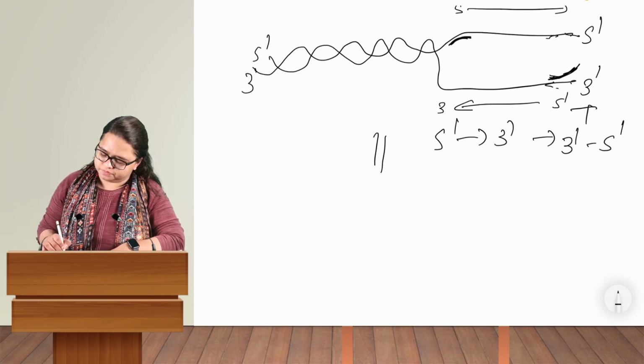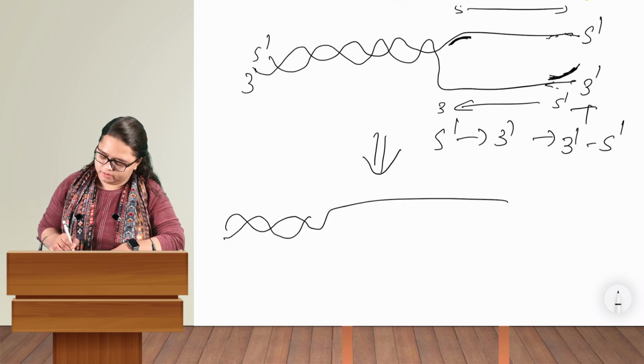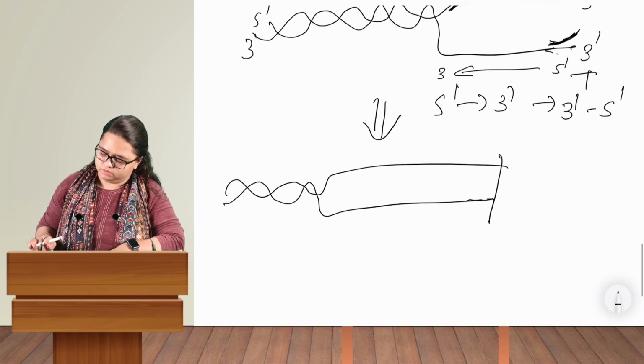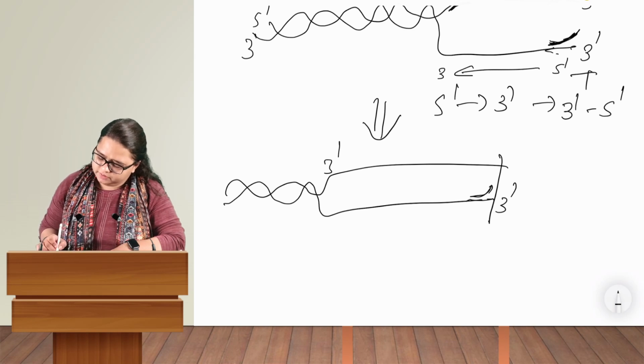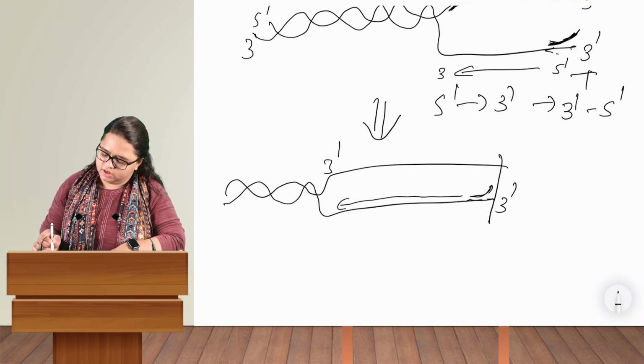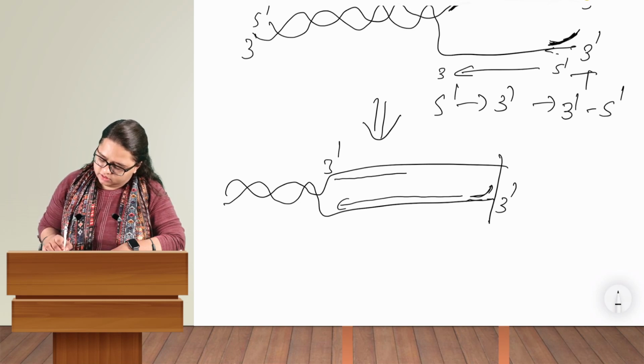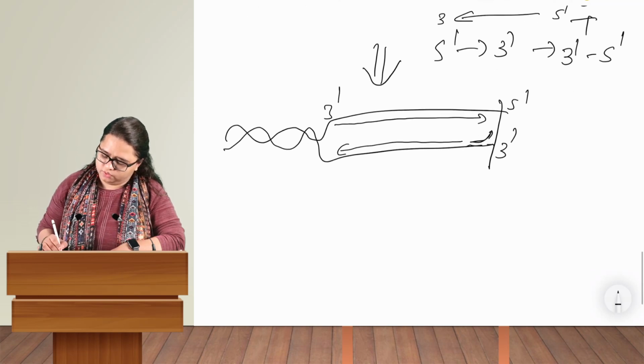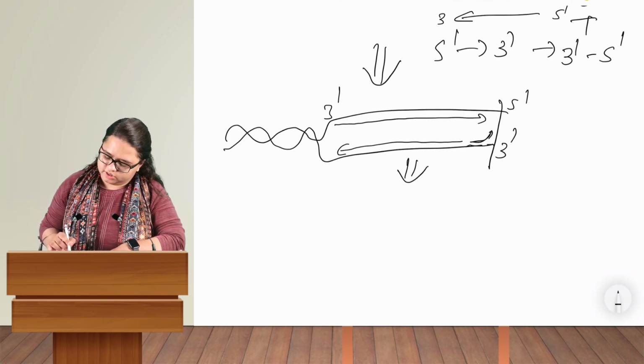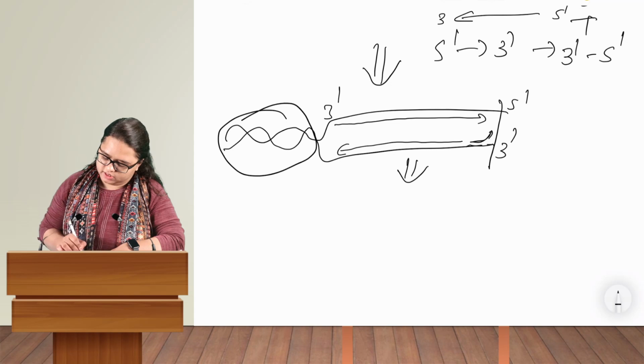Okay, so primer will bind at 3 dash direction always, remember this thing. And over here a strand of the DNA synthesizing started, and over here this strand will synthesize a DNA strand. Now let's uncoil the other parts of the DNA.